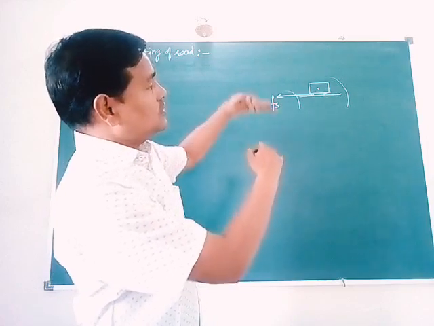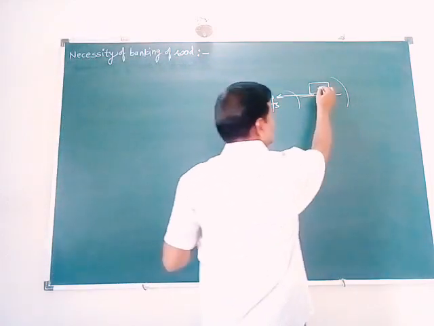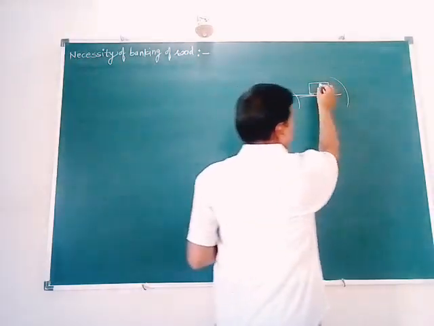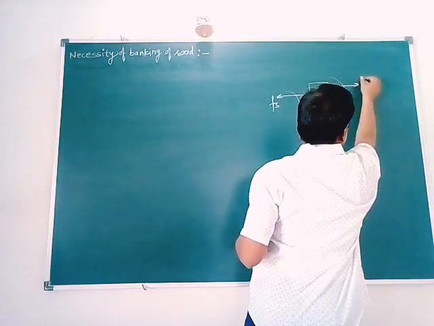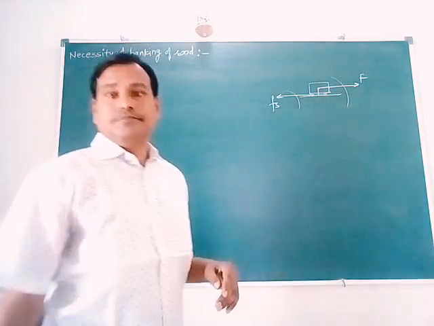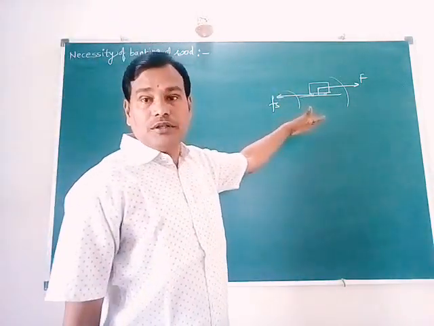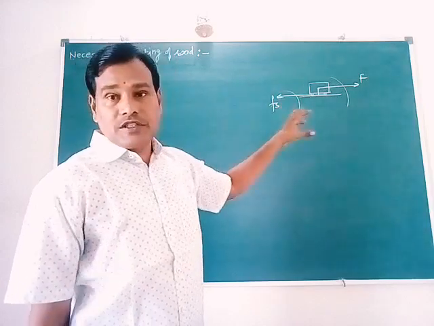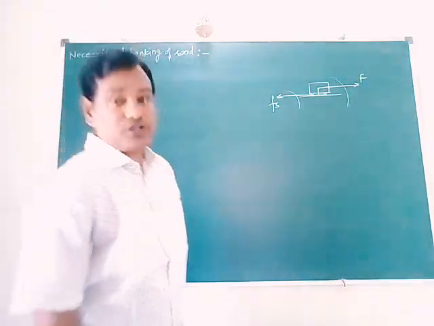It is a small distance above the surface of the road. Up to this point, there is a centrifugal force acting on this vehicle in the outward direction. As it is circular motion, the vehicle must experience centrifugal force in the outward direction.